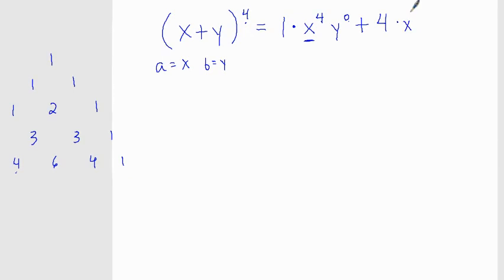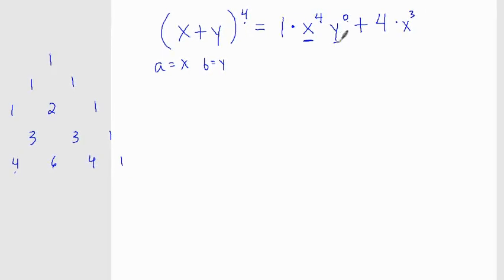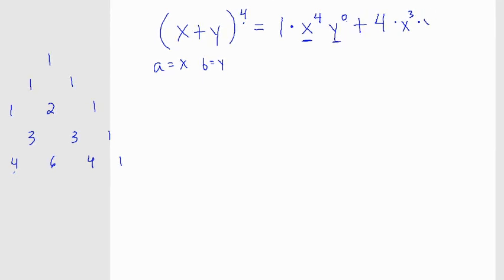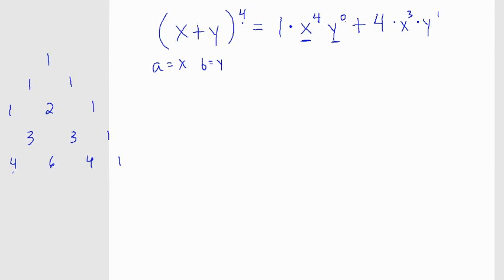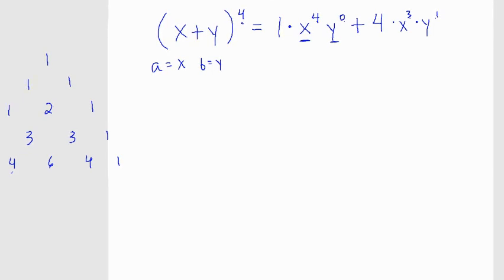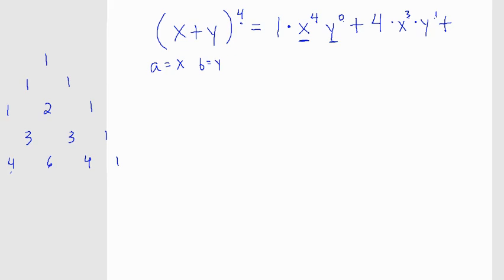So that would be x to the power 3. And then I'm repeating this term here, but with one more in the exponent. So that'd be y to the power of 1. Okay. Once again, we'll do our check. 3 plus 1 equals 4. So we're good. Let's go ahead and do one more term up top, and then I'll start a second row.